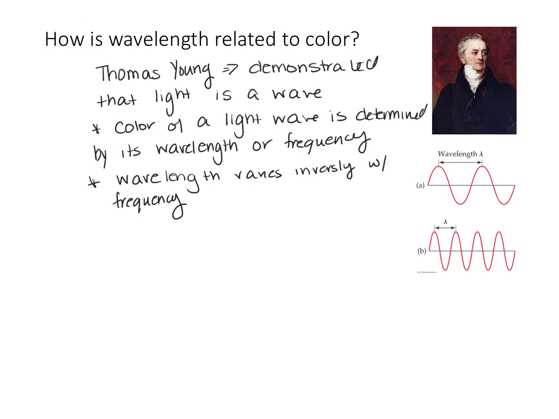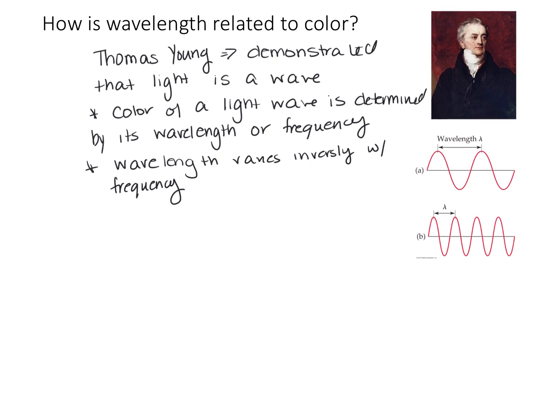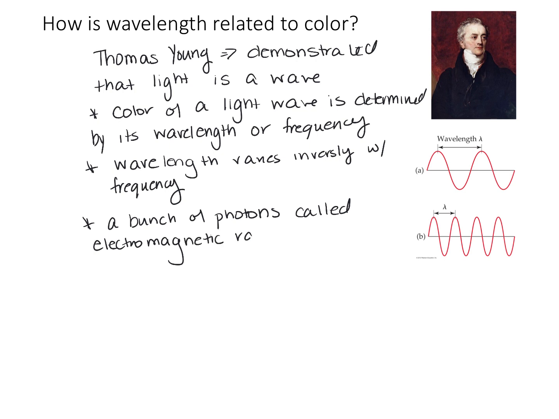Now, for us to talk about this, we need to know a few things about waves, okay? And so a few things to know is when we talk about photons, a bunch of photons of light is called electromagnetic radiation, which we abbreviate as EMR.